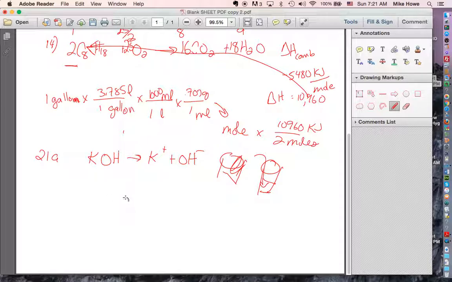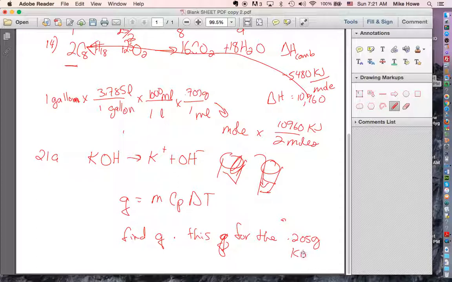Well, we know the quantity of heat of the water is mass times the specific heat capacity times the change in temperature. So you could find the heat gained by the water. So find Q. This is Q for the 0.205 grams of potassium hydroxide.